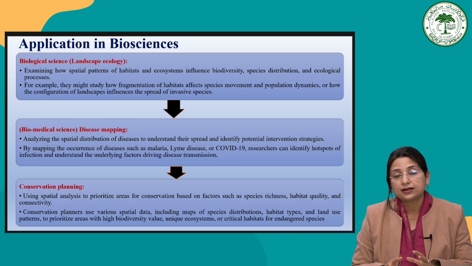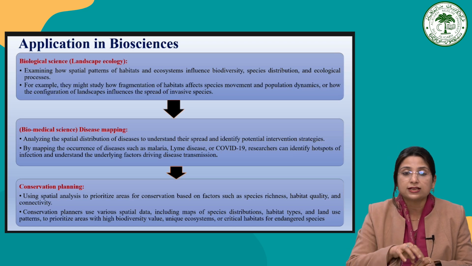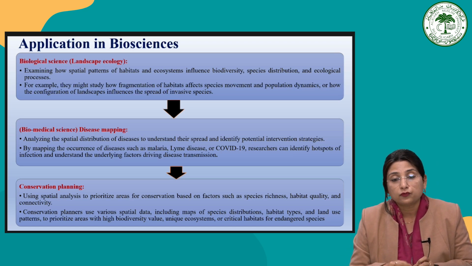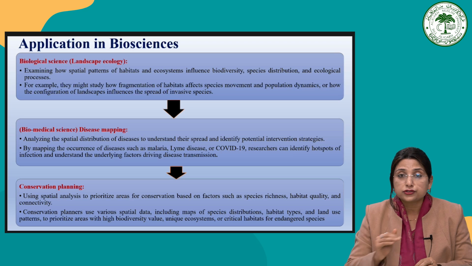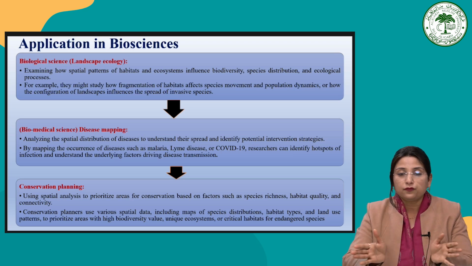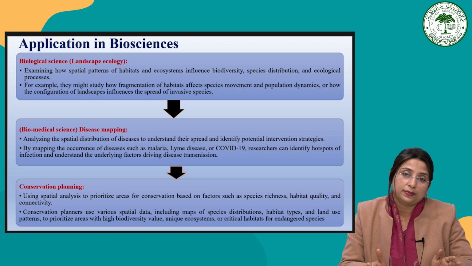Disease mapping has now become a very important task through spatial analysis, which involves analyzing the spatial distribution of diseases, the origin of diseases, diffusion of diseases, and spread of diseases. Everything can be analyzed.